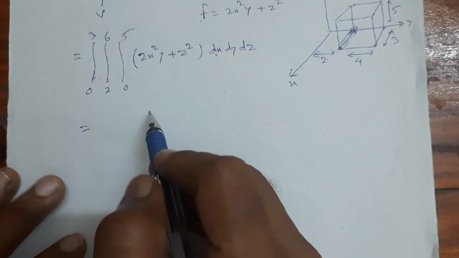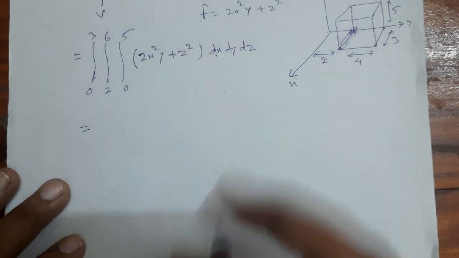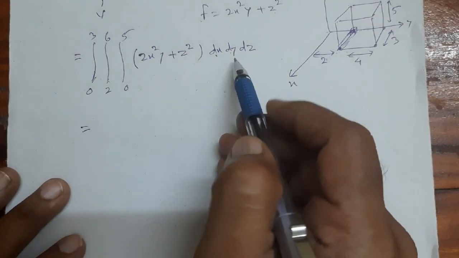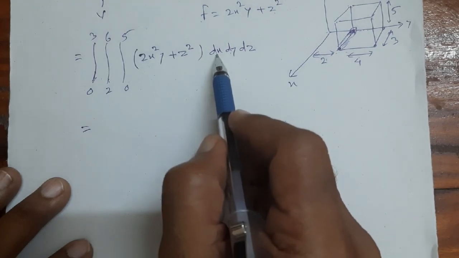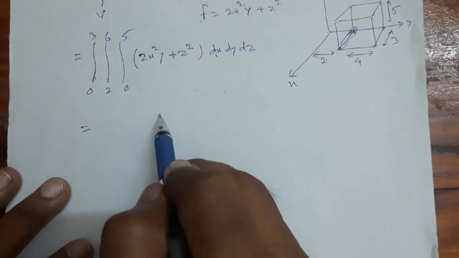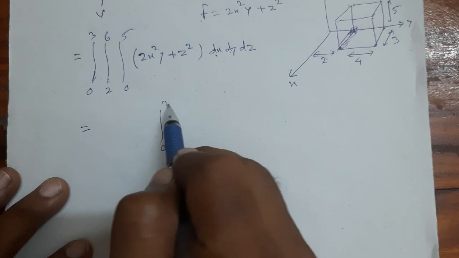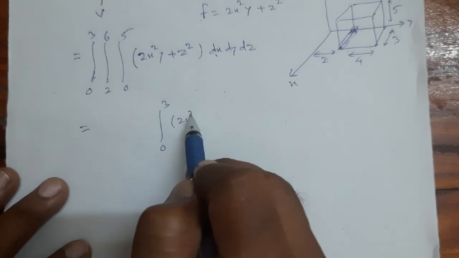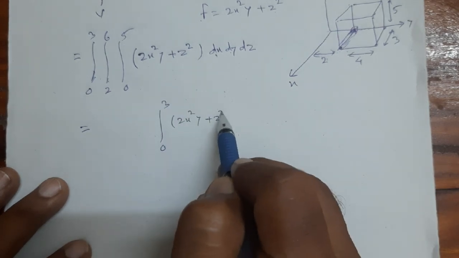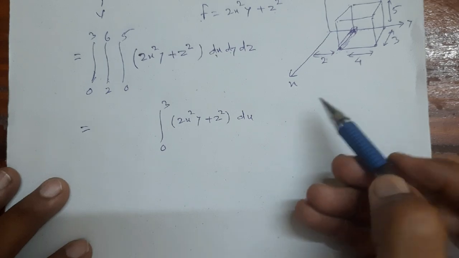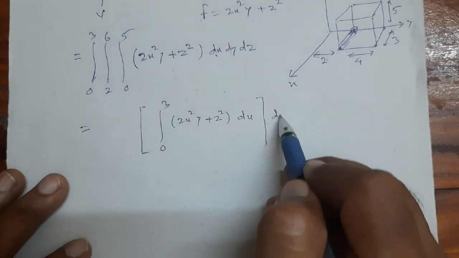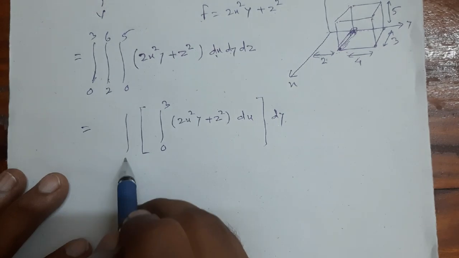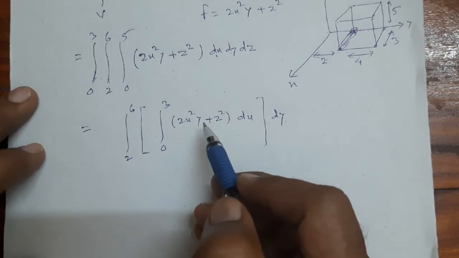But again, I cannot integrate directly with x, y, z simultaneously, and therefore I will split. I will begin with the integration over x, and hence I will write the integration from 0 to 3 of 2x square y plus z square dx. Then I will integrate over y, and therefore I will write integration from 2 to 6.